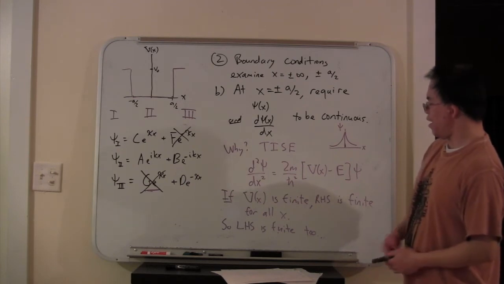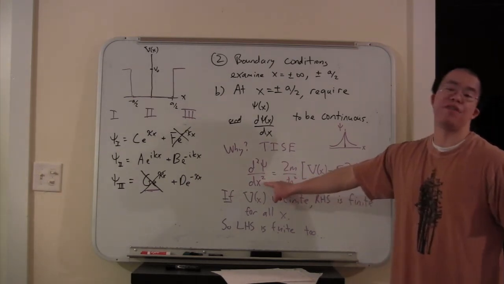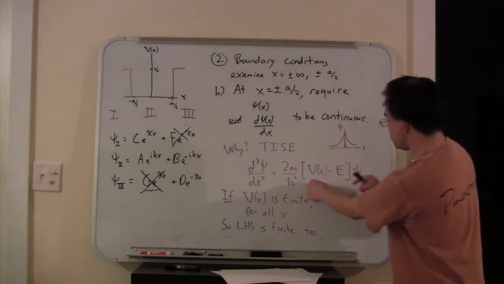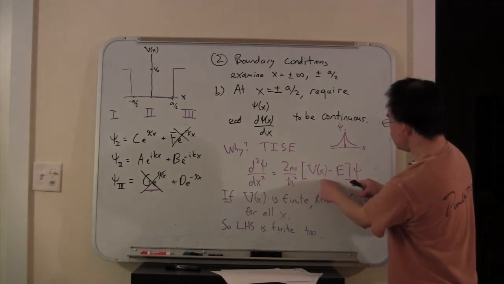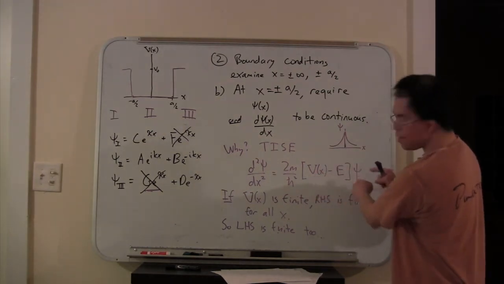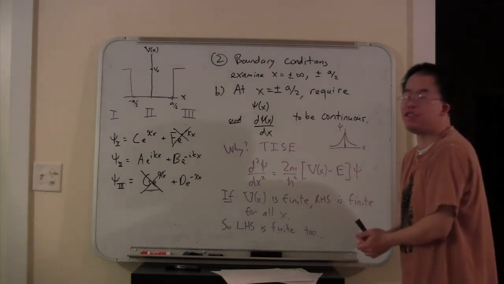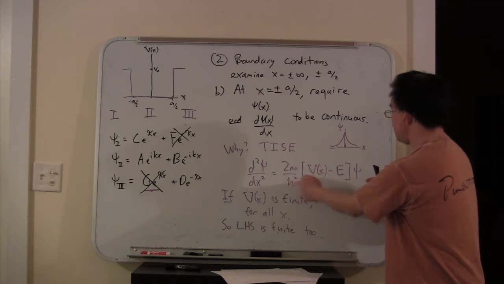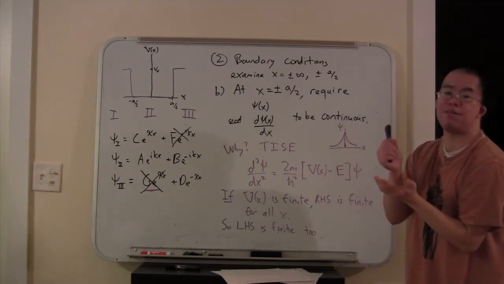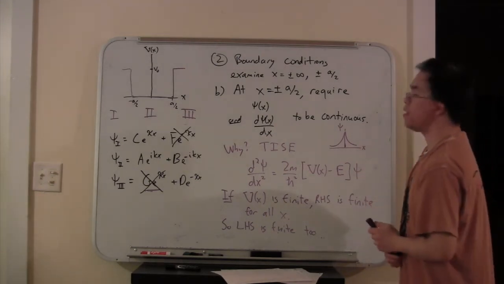And so that also violates the requirement that I have a finite second derivative. So as long as my potential energy is everywhere finite, and we know psi can't blow up either because we are requiring the wave function to be normalizable, we must have a continuous wave function and continuous first derivative.